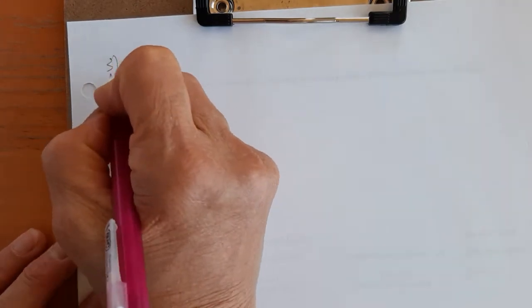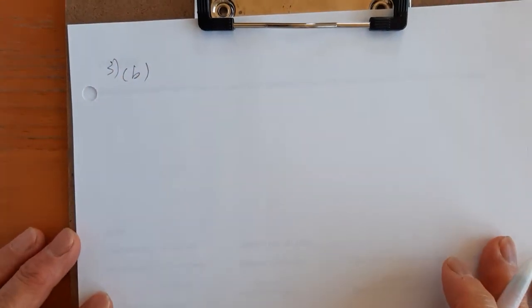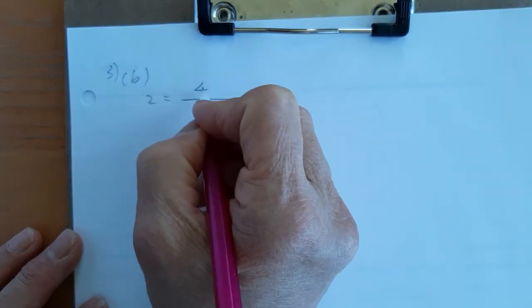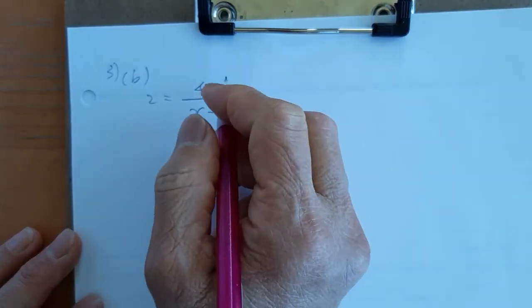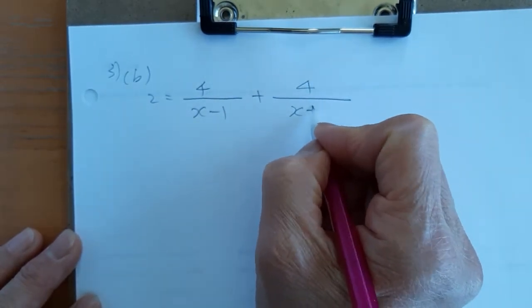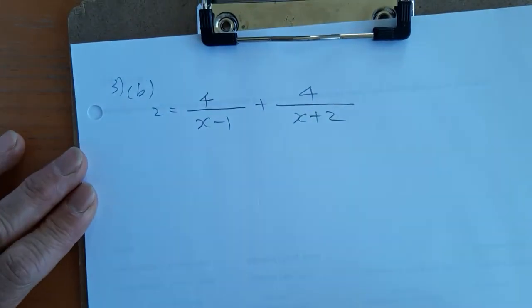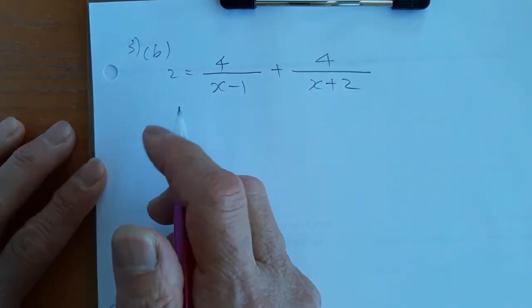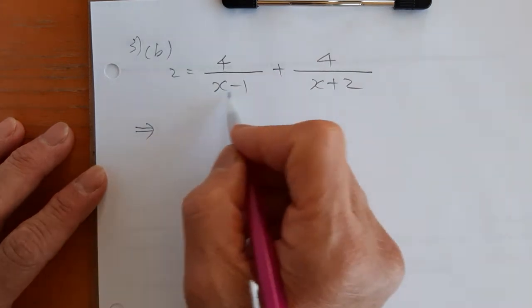Question 3b. 3b is 2 equals 4 over x minus 1 plus 4 over x plus 2. Solve for x. First of all, we find the LCD.